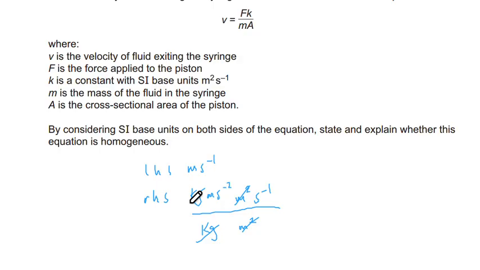We can make elimination to have the right hand side meter second minus 3. So as both sides are not the same, we cannot say that it is homogeneous.